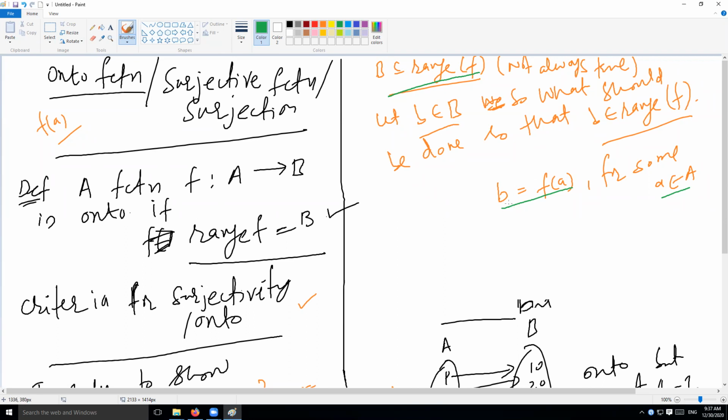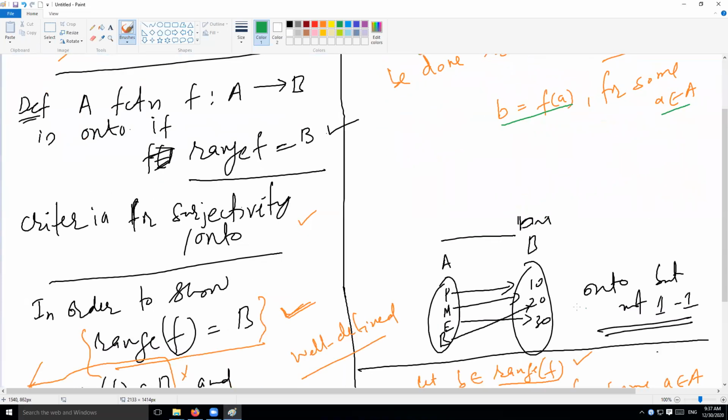In other words, in order to prove a function onto, you have to pick an arbitrary element from codomain and show that there is a pre-image of it.